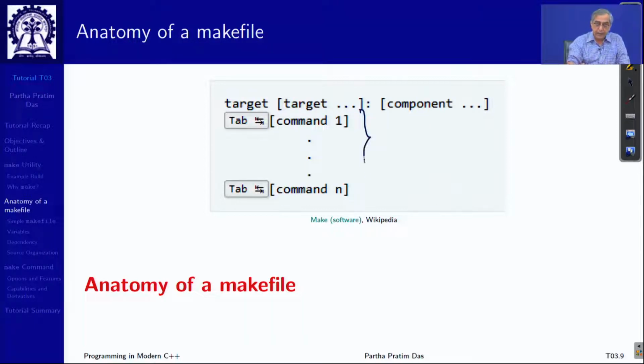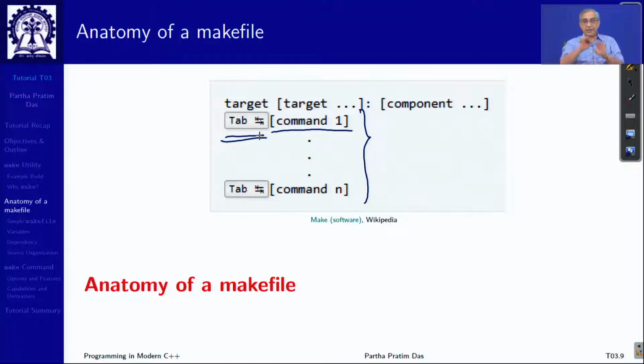Then the question is, how do I actually do the build? For that we give commands. Again, in some cases there may not be a command and there could be multiple, but every command must be within one line and it must start with a tab. This is very, very important in the syntax of the make utility.